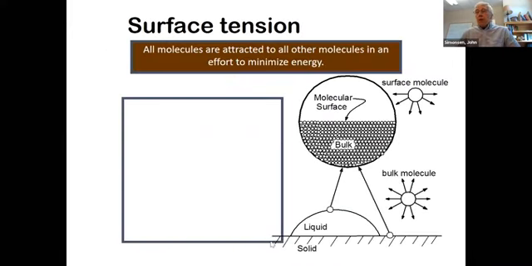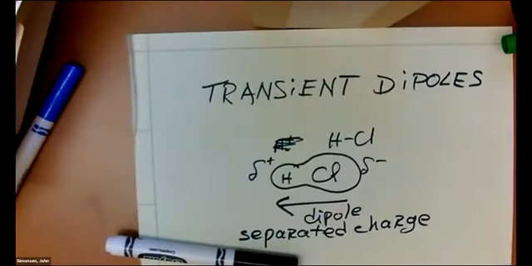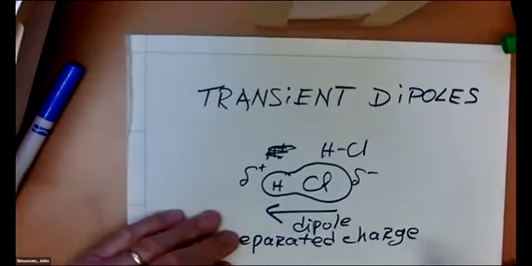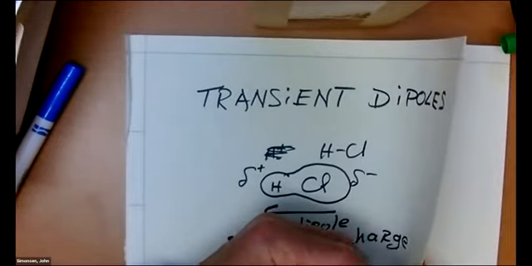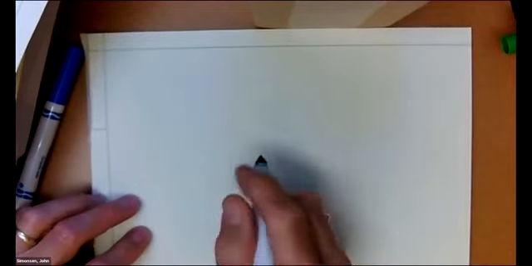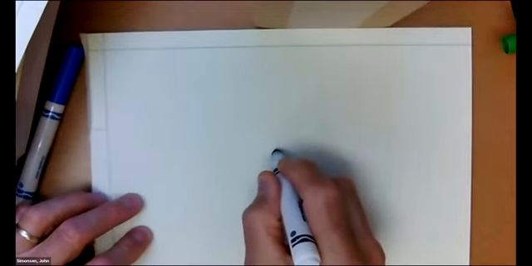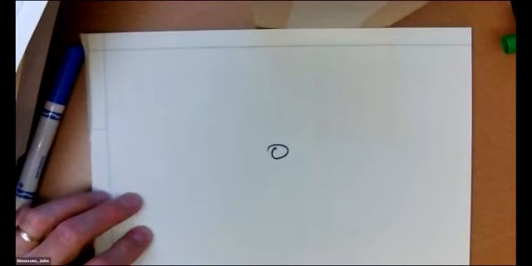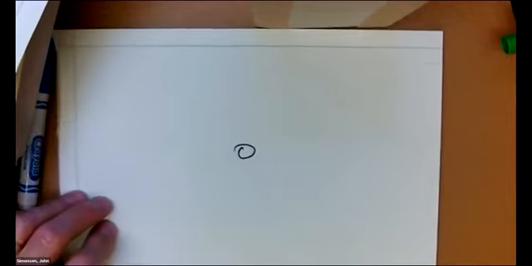So now the next thing we need to talk about is surface tension. And for this, I need to go back to my pad. So imagine that you're a molecule. I'm just going to draw a circle for a molecule. That's better.